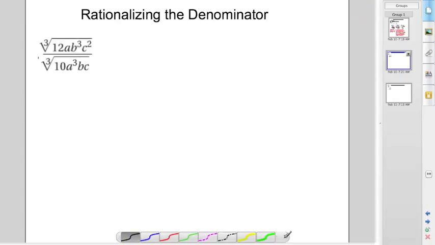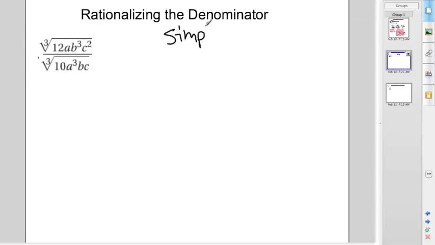First thing, I realize I'm going to simplify first. Okay, this one might be a little tricky for those of you who are following along. So let's do it first. So I have 12 over 10, which reduces to 6/5.